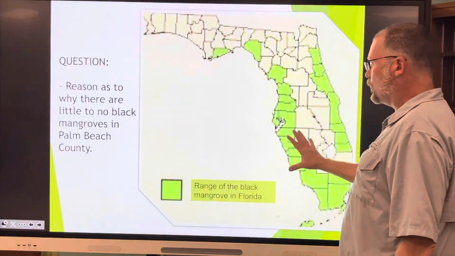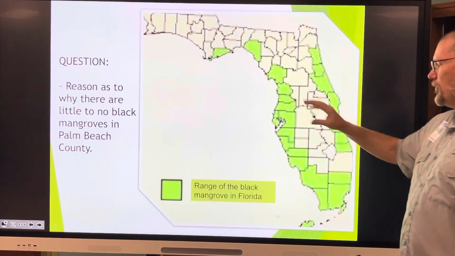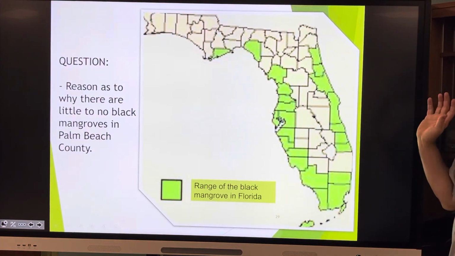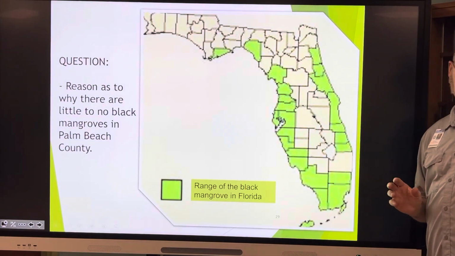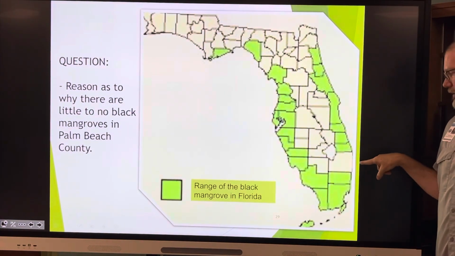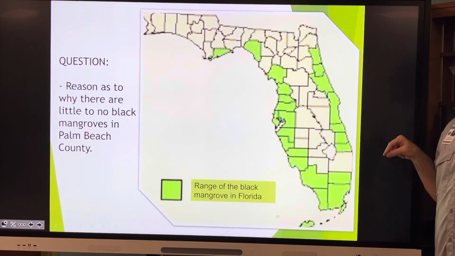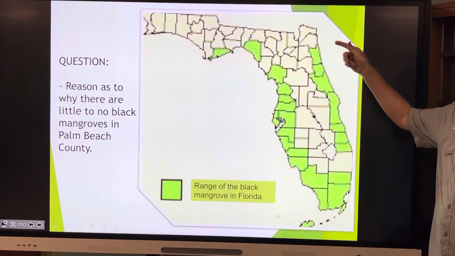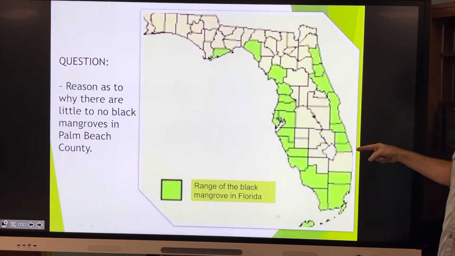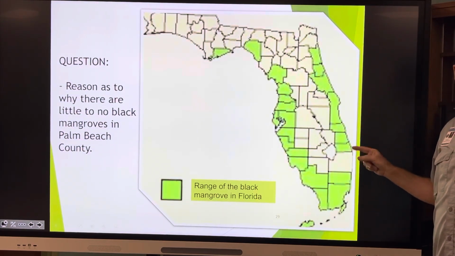And then, here's a question. Check this out. This is the black mangrove range. Do you see a major outlier here? Particularly where we live, right there in Palm Beach County, okay? Look, again, Jacksonville, all the way down the coast until you get to our coast.